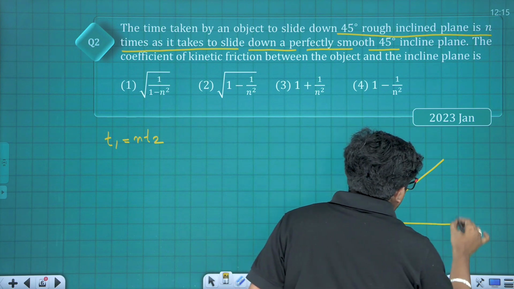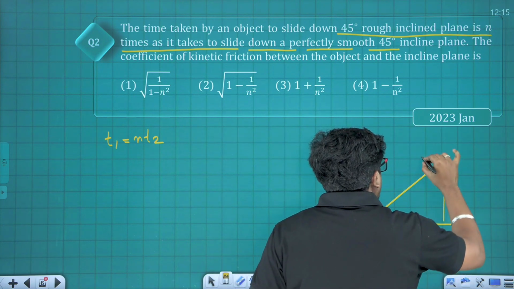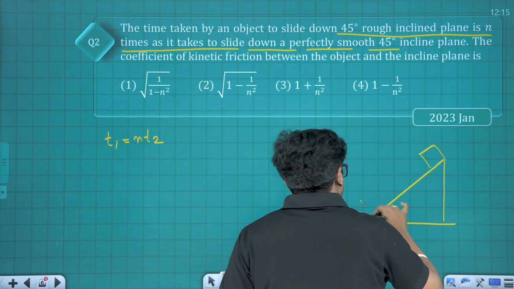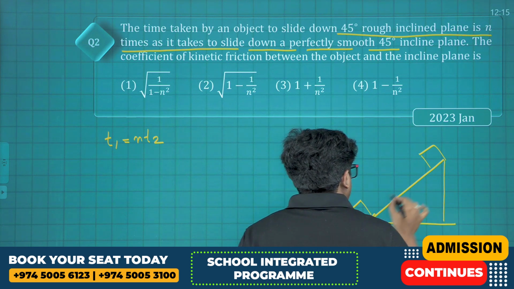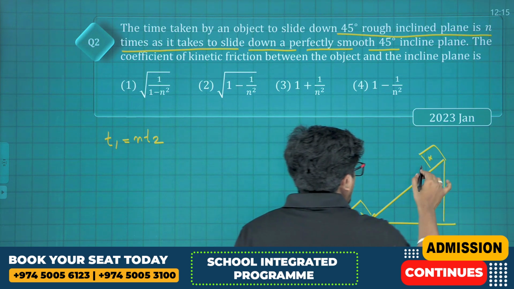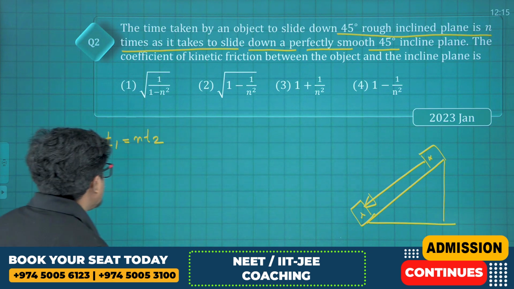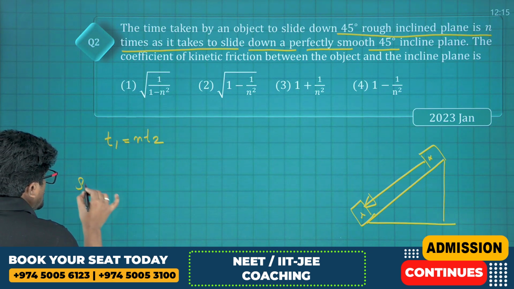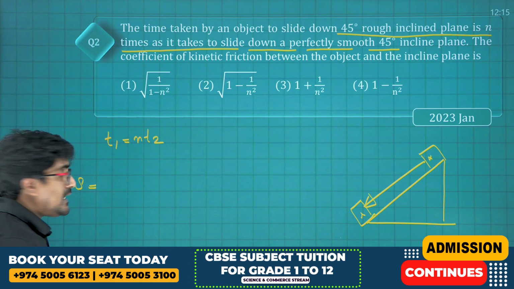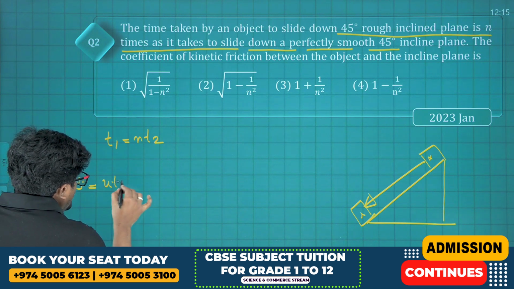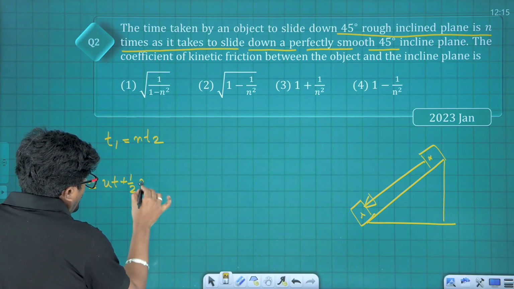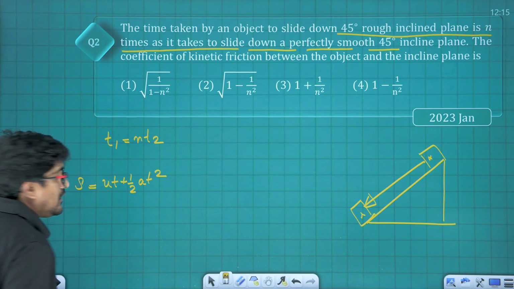Now, if I consider a rough surface first, the body starts from here and reaches here. What is the distance traveled? Distance traveled is s. So I can go for the relation s is equal to ut plus half a t square.